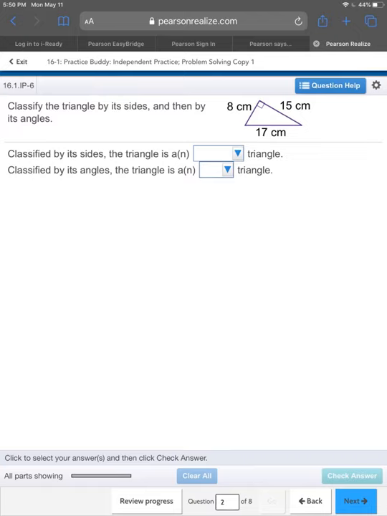The next one, I want you to try to do this one on your own. I'm going to point to some things, but I want you to try to solve it. Notice that my sides are 8, 15, and 17. They're all different. And notice I have specifically this angle right here that's 90 degrees.